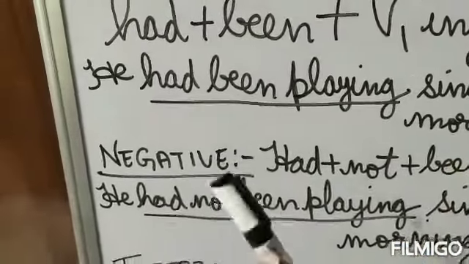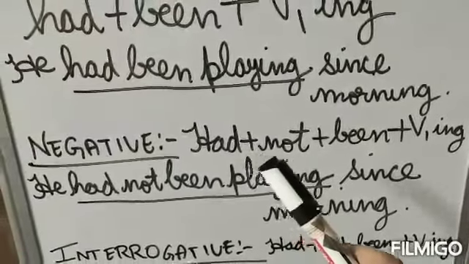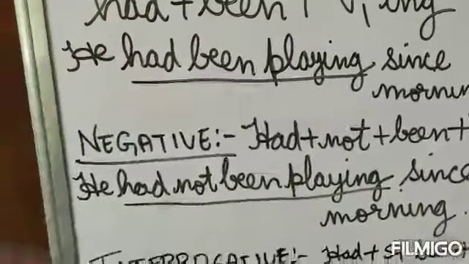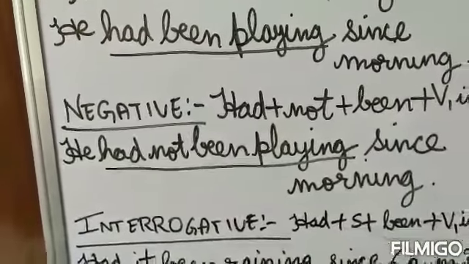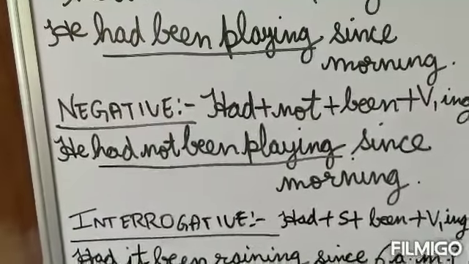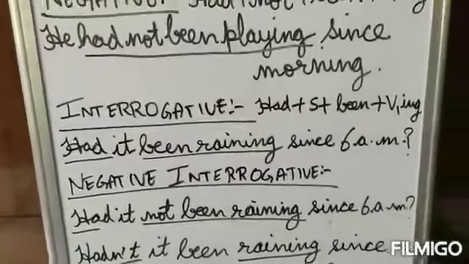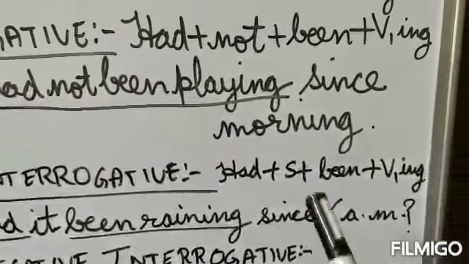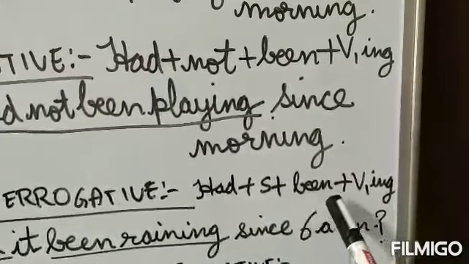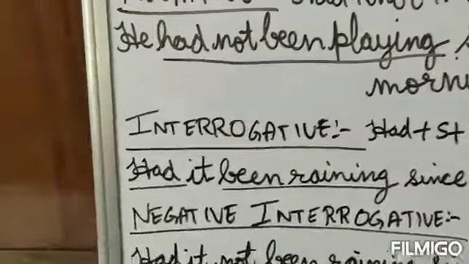Negative form of past perfect continuous: had not been plus verb of ing form. He had not been playing since morning, or he hadn't been playing since morning. Then how to form the interrogative forms? The structure of the sentence would be had plus subject plus been plus ing form of the main verb.